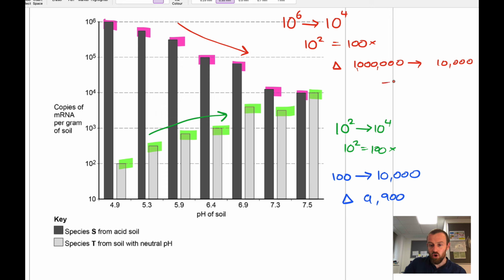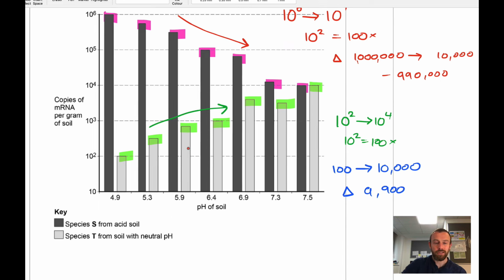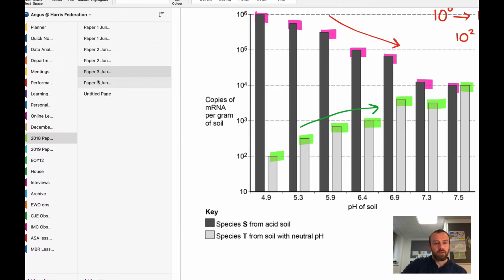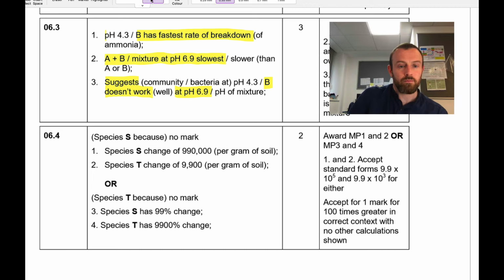So that is a drop of 990,000. So this has changed by 9,900, and this has changed by 990,000. So therefore, the answer is the acid soil. What a horrible question. So, species S has a change of 990,000, whereas species T has a change of 9,900. There we go.